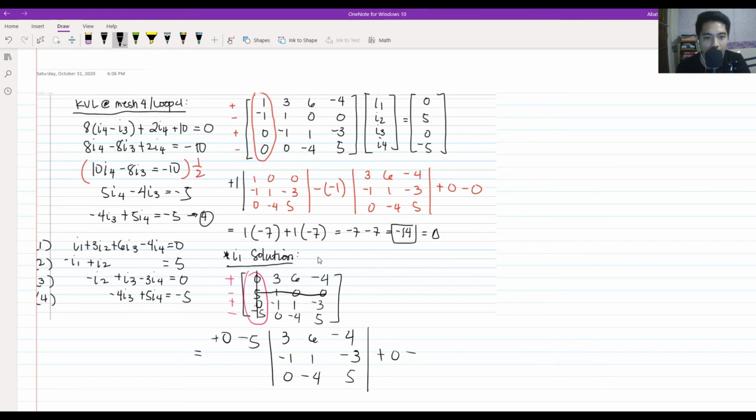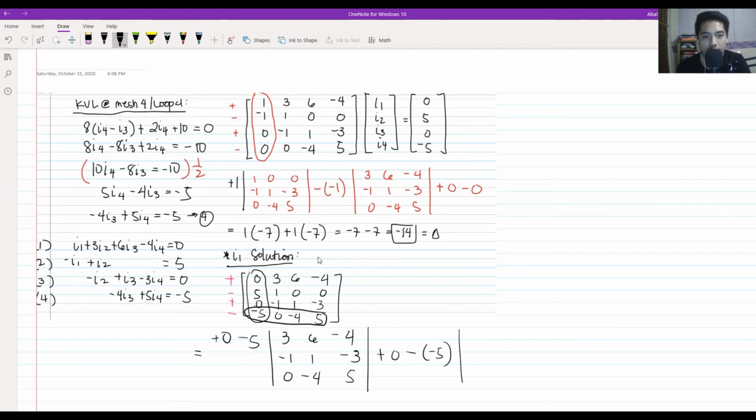And then minus, we have the negative 5 for row 4, column 1. For that element, negative 5, we simply exclude all the elements in its row and its column.